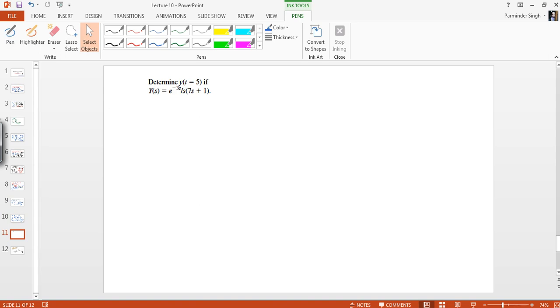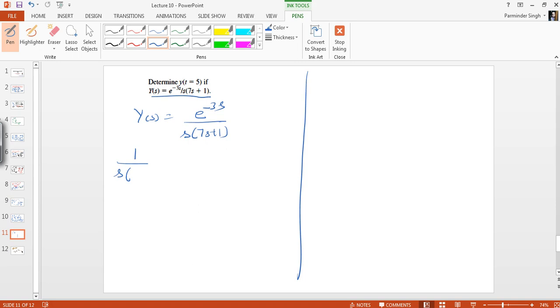Next question. Now in the next question, it's a very easy question. We need to determine y at t equal to 5, where Y(s) is given as e to the power minus 3s over s into (7s plus 1). Again, the only method to solve this is first try to find the response of 1 over s(7s plus 1), or it can be written as 1 by 7 over s into (s plus 1 by 7).